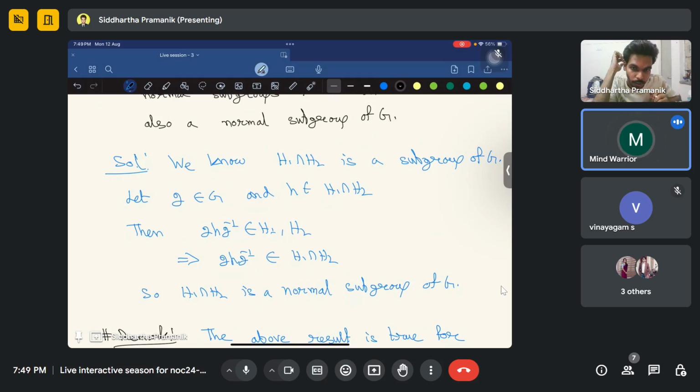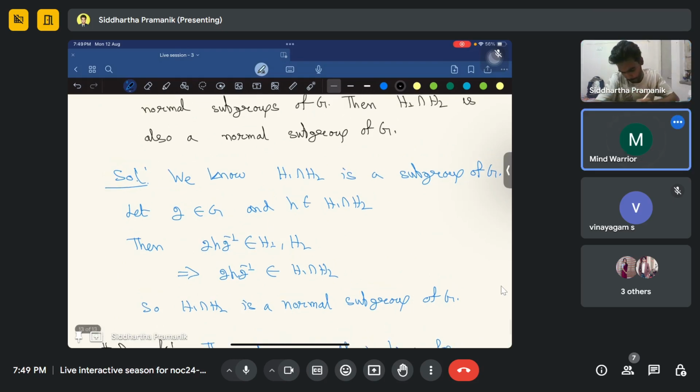No, first of all, their union need not be a subgroup. Okay. So in our live session 2 that I have mentioned, the union of two subgroups may not be a subgroup. So in that case, there is no question of normality. So in some special cases, the union of two subgroups is again a subgroup.